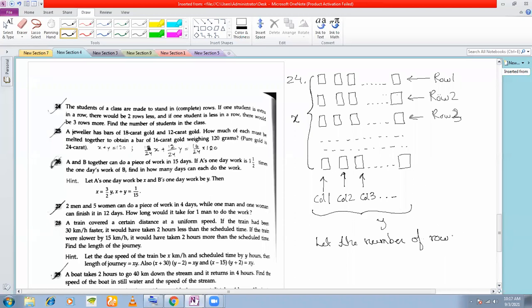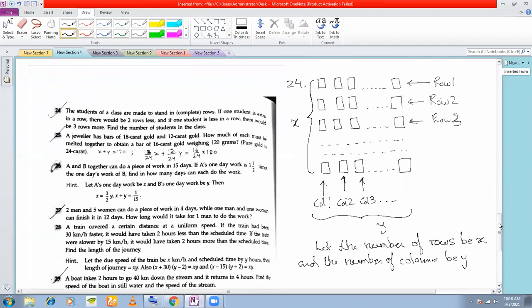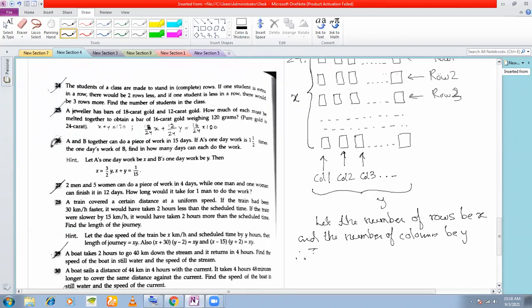So if I say let the number of rows be X and the number of columns be Y. So therefore, if initially the students are standing in this arrangement, then the total number of students is equal to x into y, which is xy, right?